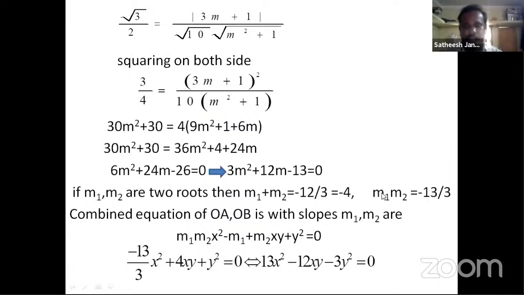Next, the product of the roots is c by a, where c is minus 13 and a is 3.